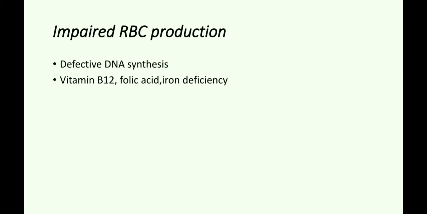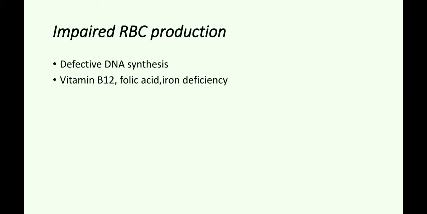Another condition where you can get anemia is impaired production of RBC. If there is vitamin B12 deficiency or folic acid deficiency, there will be defective DNA synthesis, thereby causing megaloblastic anemia. Another condition is iron deficiency, where there will be impaired synthesis of heme, and in that condition you get iron deficiency anemia.